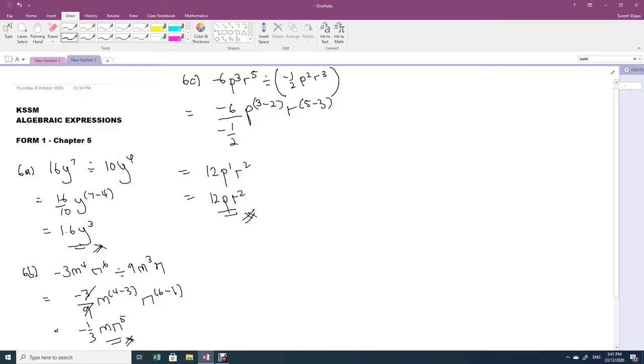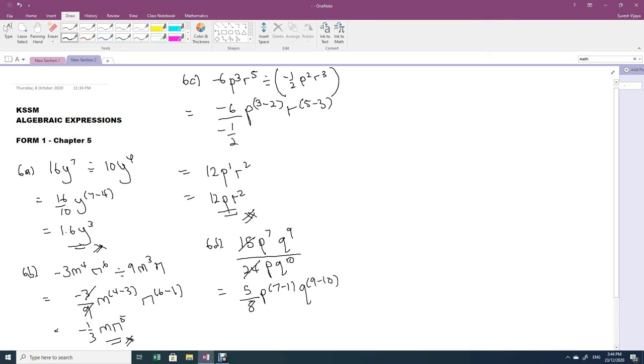So let's move to question 6d. 6d says 15p to the power of 7 q to the power of 9, then divide by 24 p q to the power of 10. How do we solve this? We simplify: 15 divided by 24, we get 5 over 8. Then p is 7 minus 1, and q is 9 minus 10.